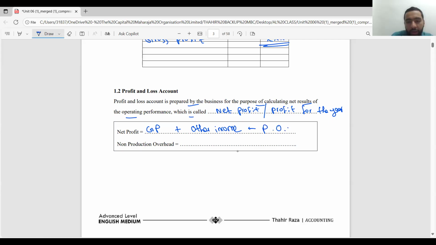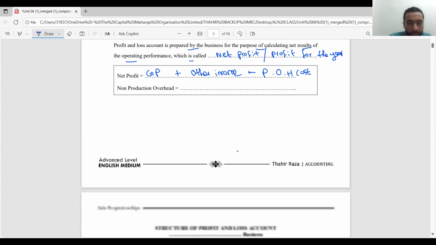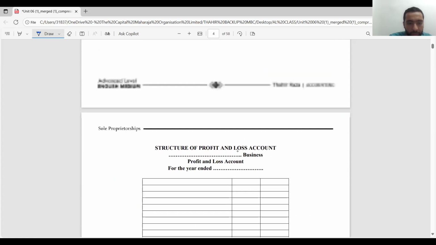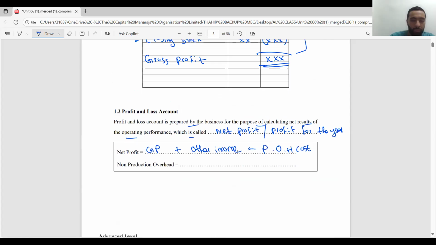Production overhead cost. And then cut this part.